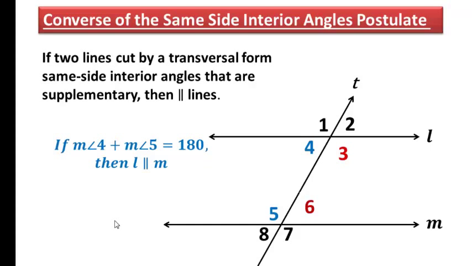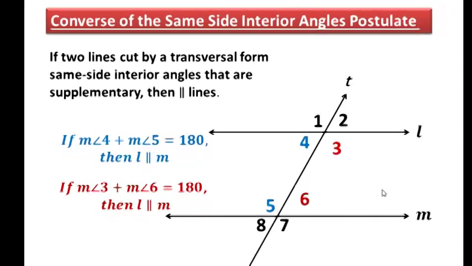So specifically, if the measure of angle 4 plus the measure of angle 5 equals 180, then L is parallel to M. Well, for 3 and 6, let's actually plug in some numbers. Let's replace 3 and 6 with 120 and 60. Well, taking a look at 120 and 60, if we add these up, they have a sum of 180. Since they have a sum of 180, we can conclude that L is parallel to M.